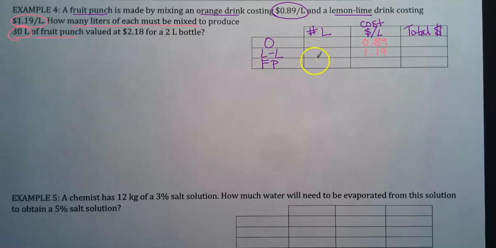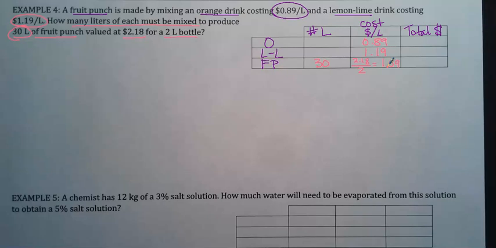So our fruit punch, we want 30 liters, and we want it valued at $2.18 for a 2-liter bottle. So that's tricky. So this is $2.18 for 2 liters. So that is $1.09 per liter. So we've got to do that math.